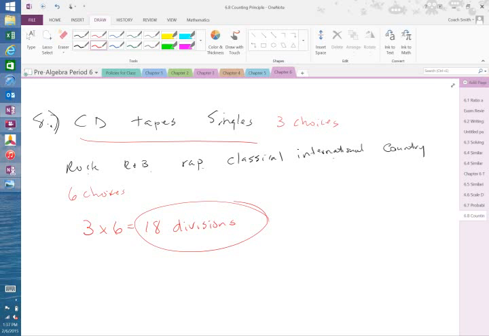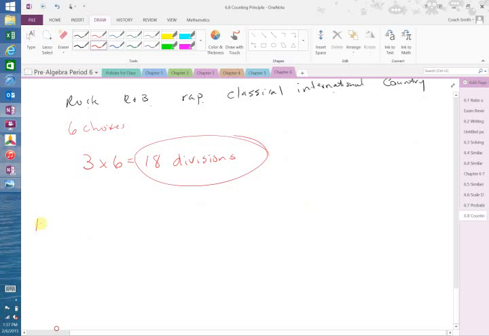Let's look down at number 11. It says, using the counting principle to find the total number of possible outcomes, then determine the probability of a specified event. Each spinner is divided into equal parts.